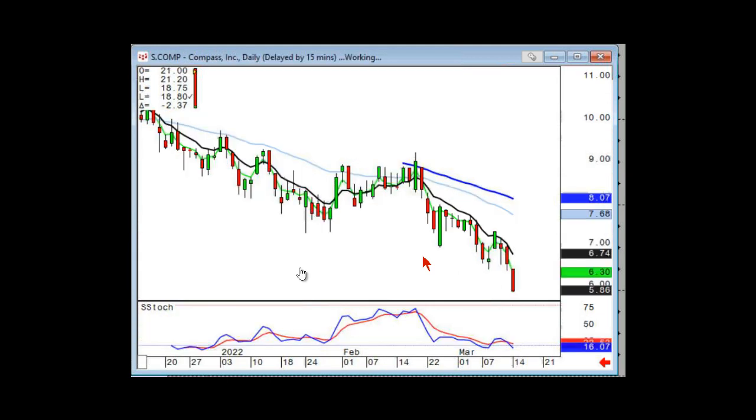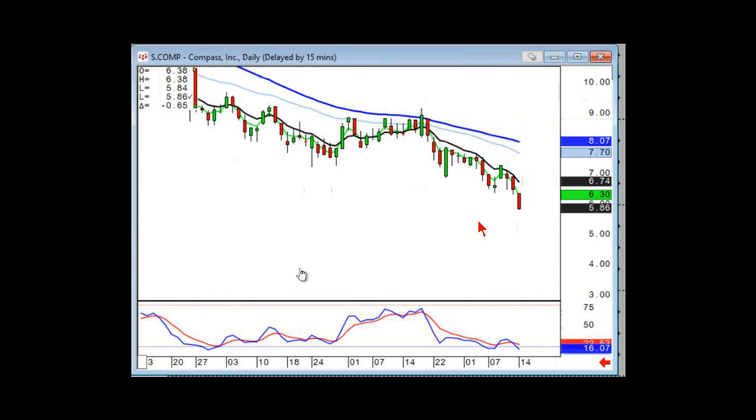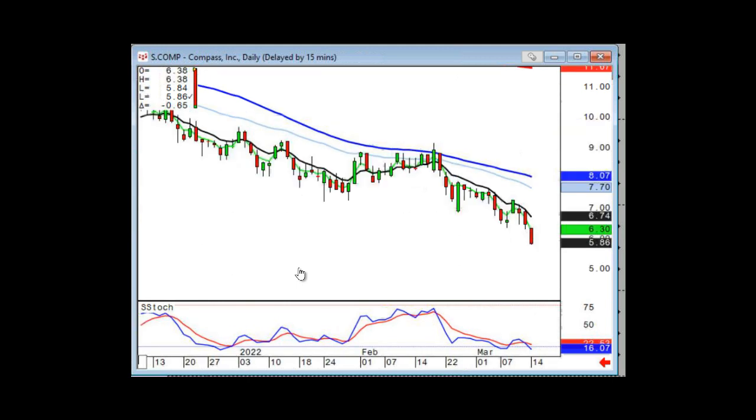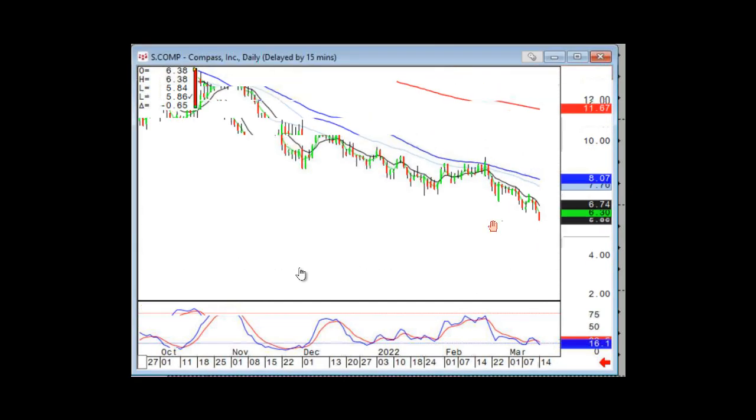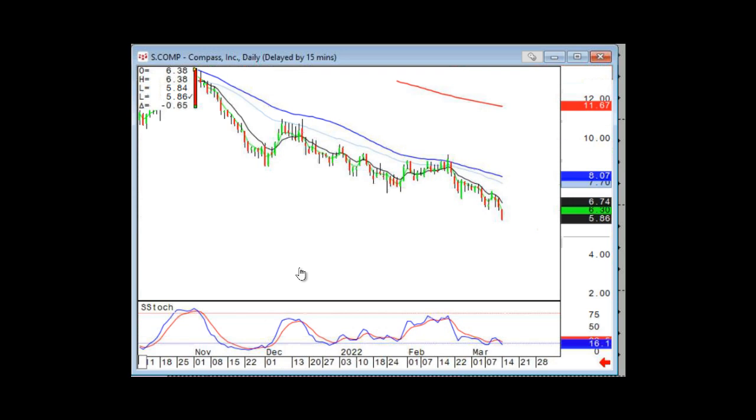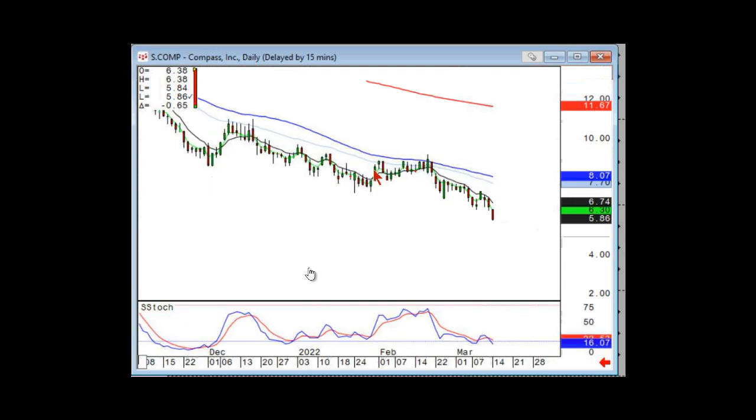And COMP, kind of the same scenario. Make this smaller. Made it too small. But they failed here at the 50, which tells you you're still in a downtrend. This could have another good punch to the downside.